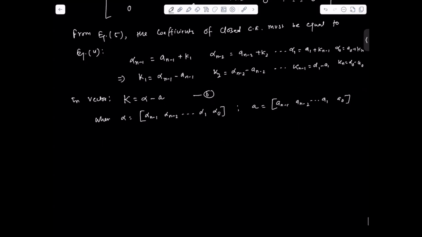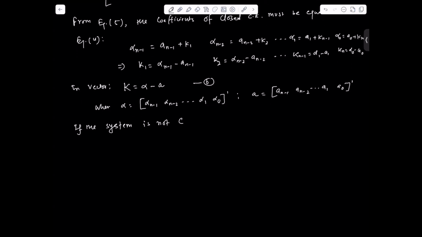So if the system is not in controllable companion form, we can use this state transformation.